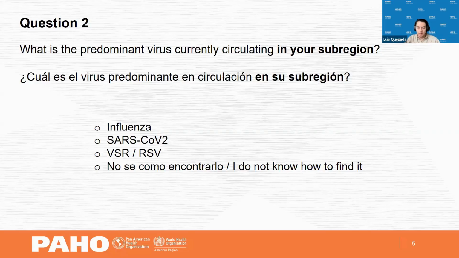And do not forget that there are also filters available to you by time and by subregion. You can use those filters to help you in your analysis and respond to this question. Very well. Another 10 seconds to answer this question.